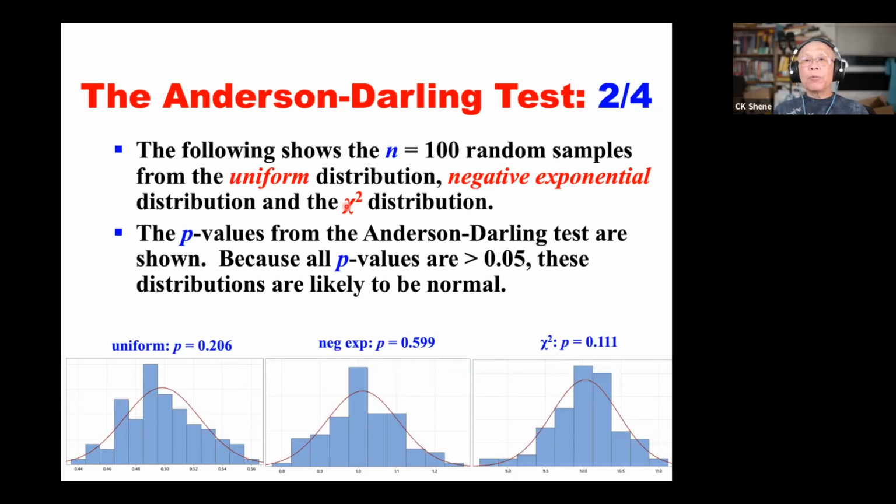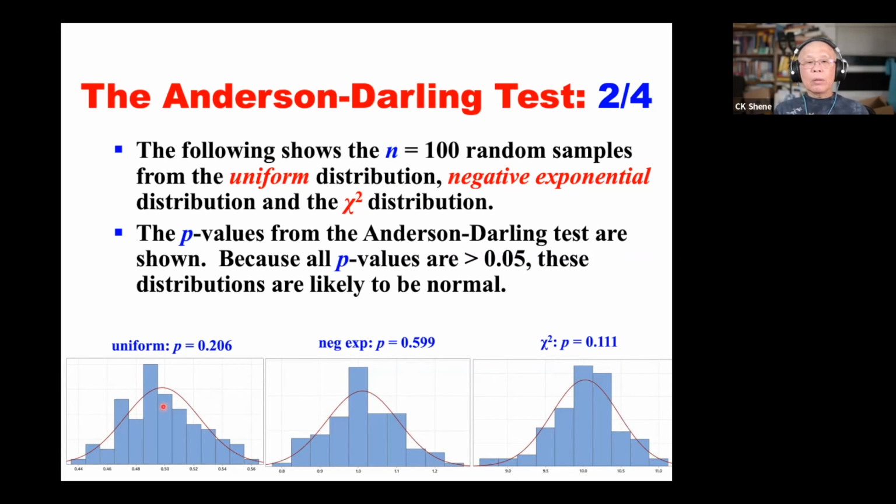Anyway, we have three sets of sample mean distributions, one from uniform, one from negative exponential, one from chi-square. Then we fit these three sets of sample mean data to the Anderson-Darling test and examine what the returned p-value is.